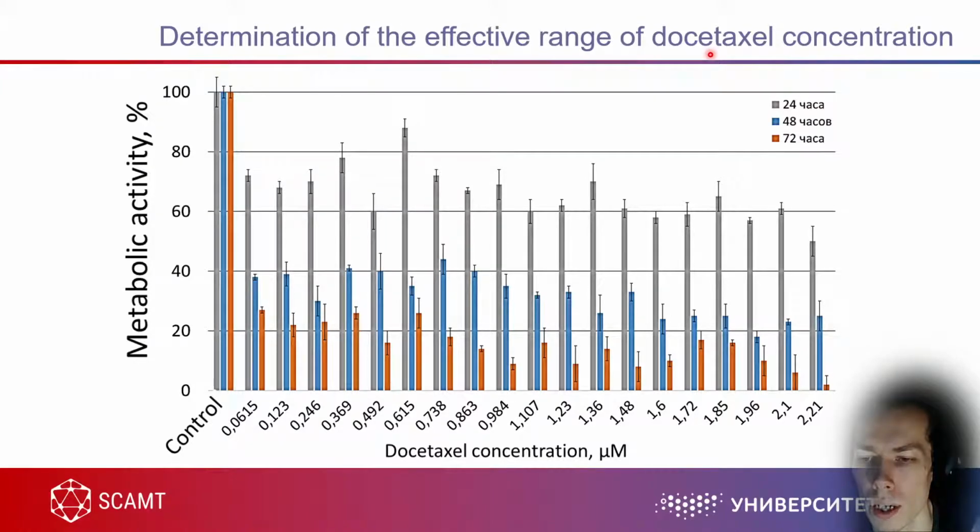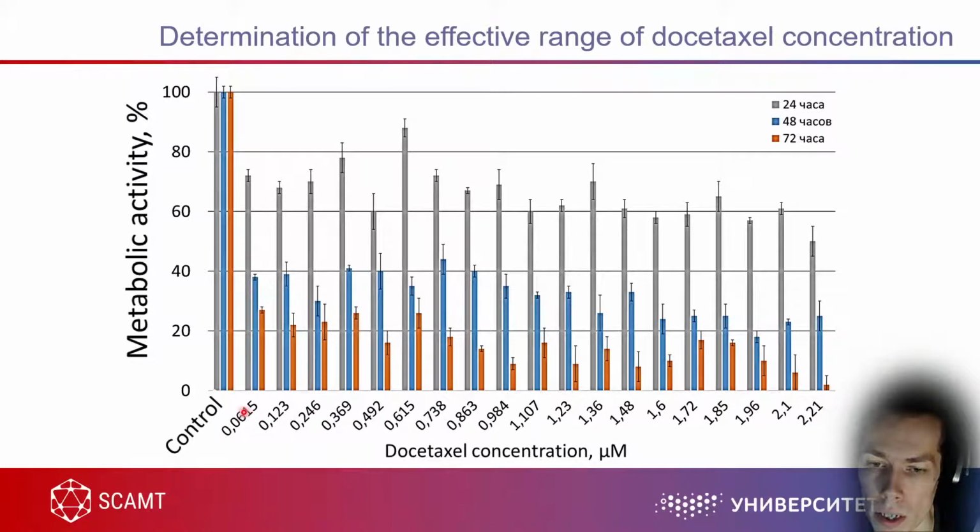So what we see here is a very big range of concentrations studied, but forgive me, I did not translate this, it's hours. So 24 hours, 48 hours, and 72 hours. And as you can see, there's almost no dependence on concentration. The concentration changes from nanomoles to micromoles.